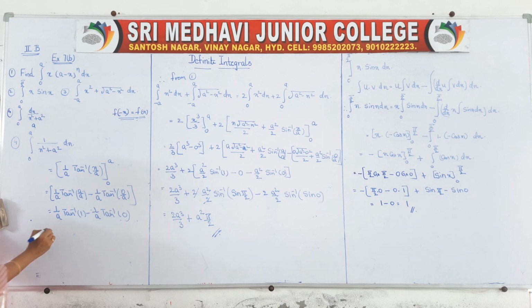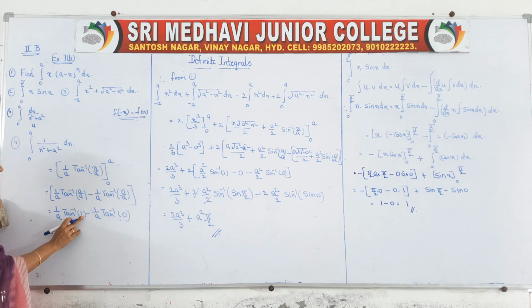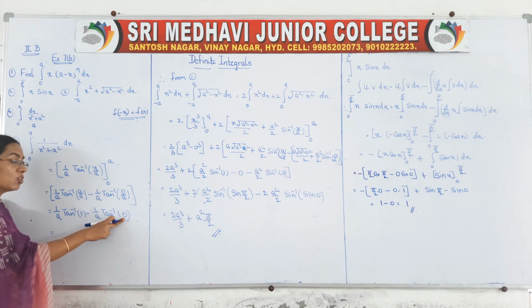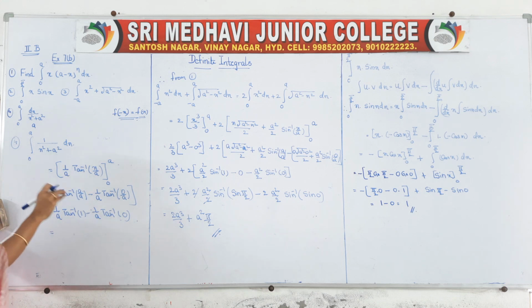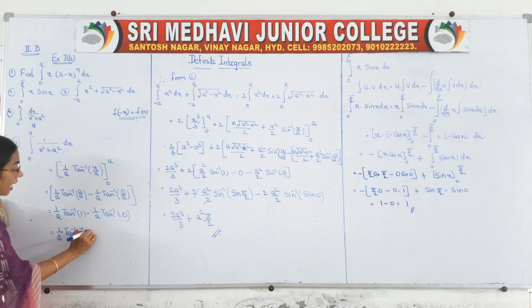So what I said, if we get tan inverse of some value, inside that value we have to take in terms of tan only, so that tan inverse tan will get cancelled. So instead of 1, we have to write tan 45, that is pi by 4.